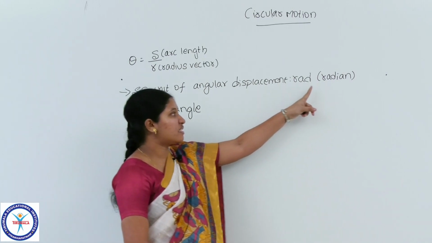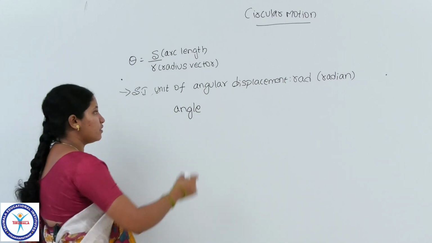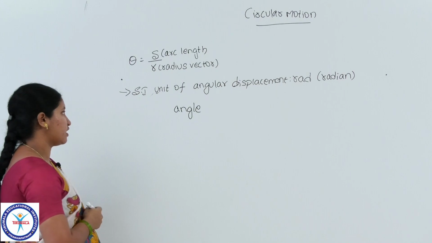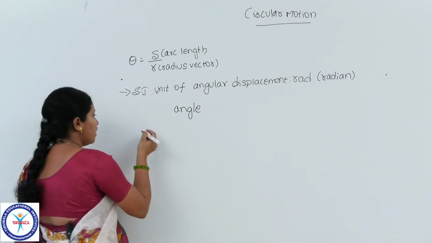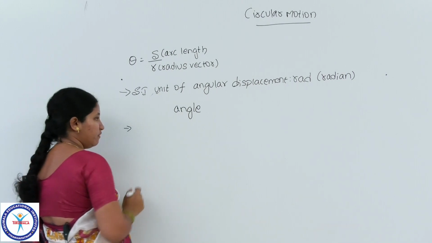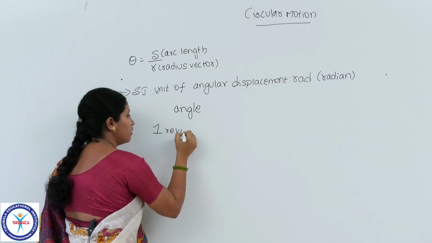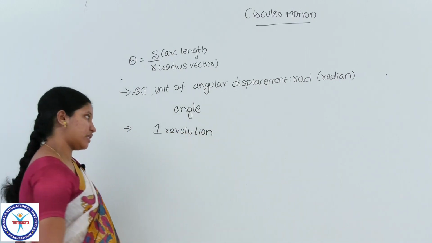That unit is radian, which has no dimensions, so we have chosen that unit for angular displacement. So the SI unit of angular displacement is radian. Now suppose a particle completes one revolution, then what will be the angular displacement?